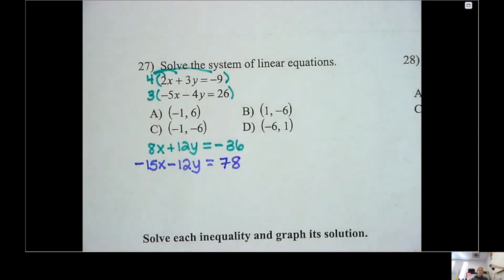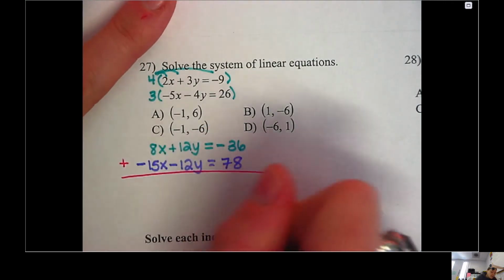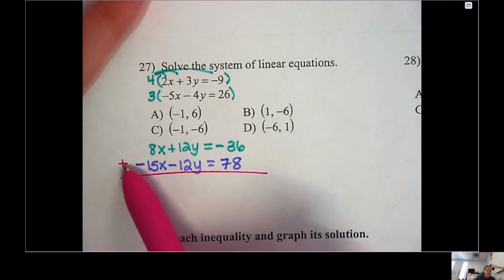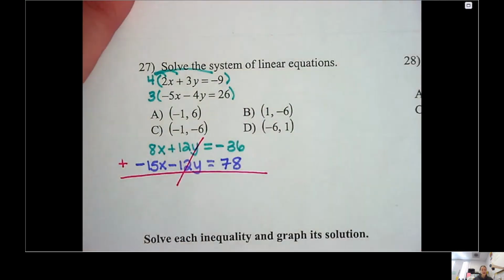Okay, now I can see that I can get my y's to cancel out from here. So what I need to do is I need to say to myself, okay, if I want my y's to cancel, a positive and a negative 12y, then what I'm going to need to do is I need to add these equations together, because a positive 12 plus a negative 12 is going to cancel these out.